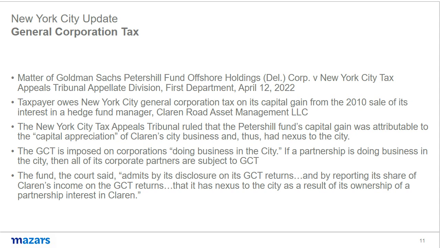So what was cited was the fact that, in effect, the Goldman Sachs entity, by reporting its share of partnership income on its general corporation tax return, admitted it had nexus to the city as a result of the ownership of the interest. So just, I guess, a word to the wise when filing an original return: you always have a potential issue where it could be cited in a claim for refund proceeding that what you filed originally could be held against you.